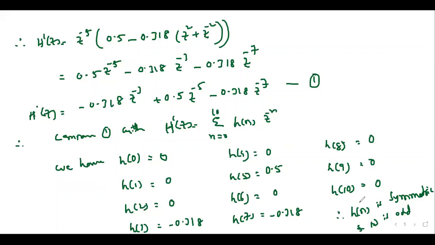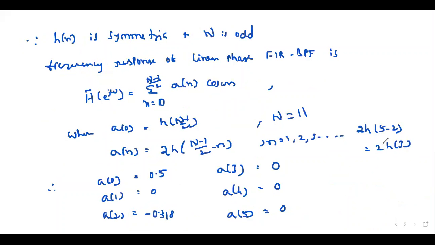This value, into 2, so it will be minus 0.636. Then a of 3: substitute 3, 5 minus 3 is 2, h of 2. What is h of 2? 0, so this is 0 only.